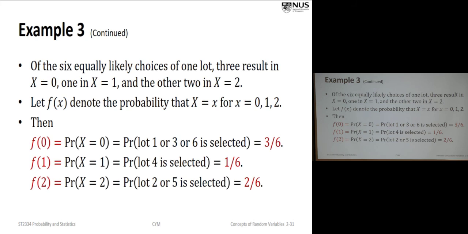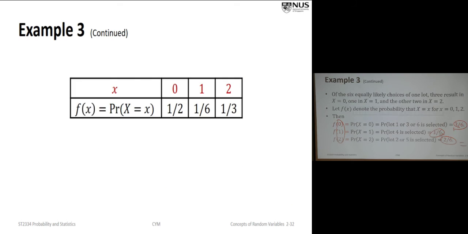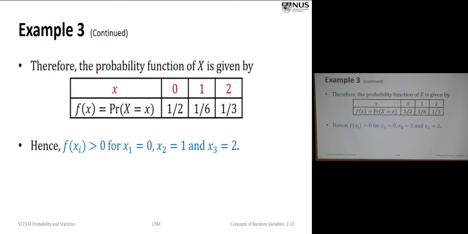These are all possible values of my random variable X, which represents the number of defectives. These are the probabilities associated with those numbers, and each of them is bigger than 0. At the same time, they all add up to 1. So it's a well-defined probability function.